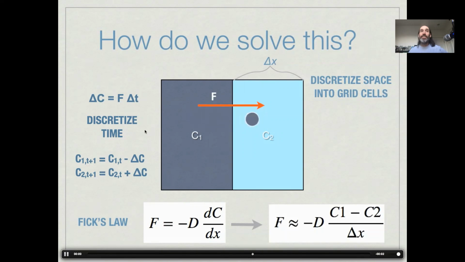It's something we'll get to numerically implementing later, but I would argue it's actually a simpler model than the logistic model because there's only one equation, and the only thing that's really going on is conservation of mass. When you move something out of one grid cell and put it in the other, you add it to one and subtract it from the other.